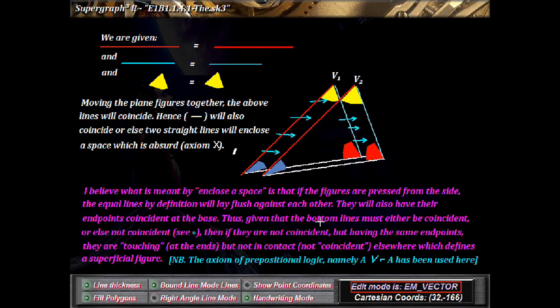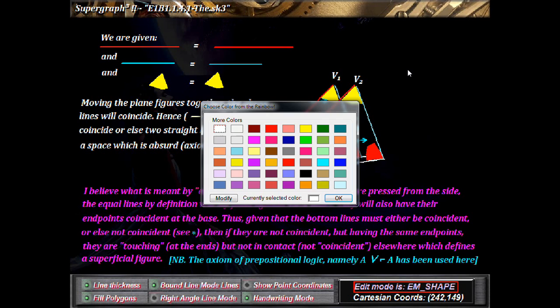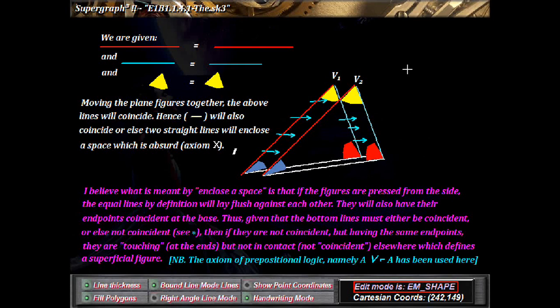But if they're not coincident, that's our assumption, then they are not in contact somewhere else between here and here, and that's the definition in two dimensions of enclosing a space, right? Like this. In my fancy handwriting mode.